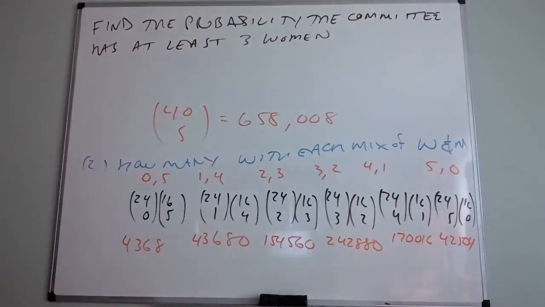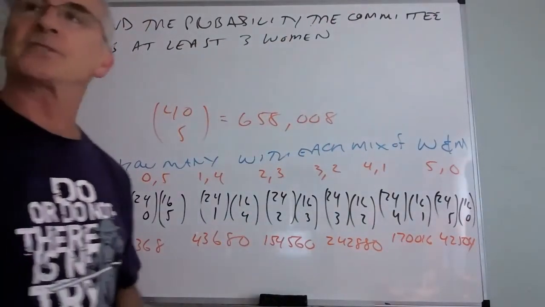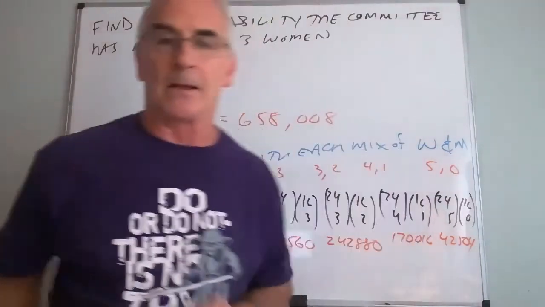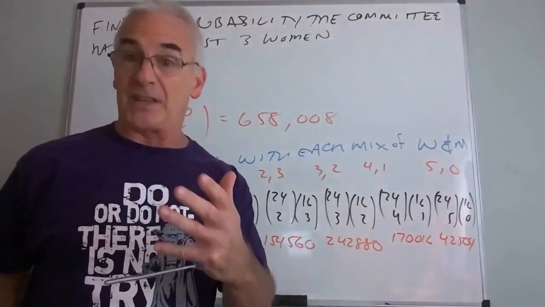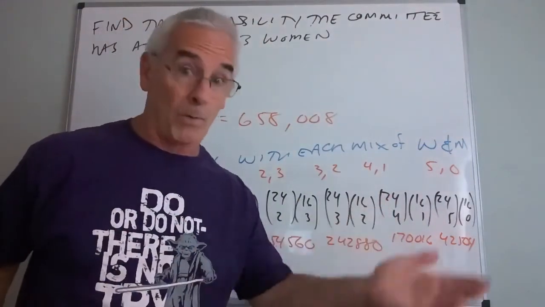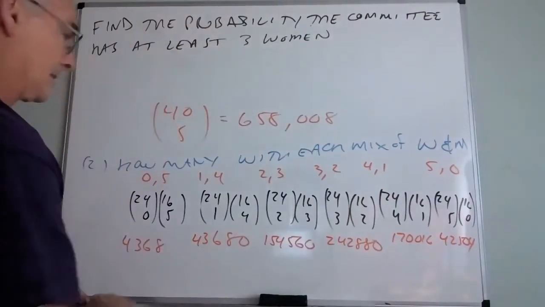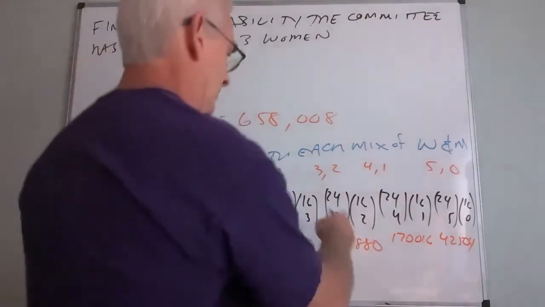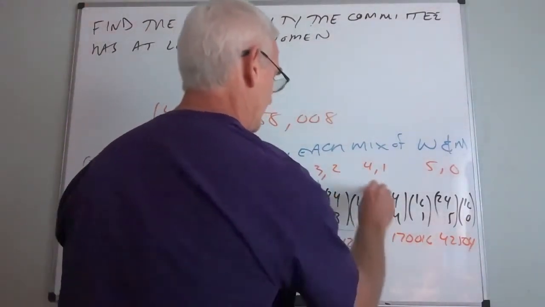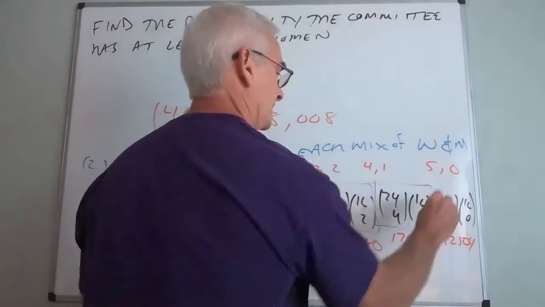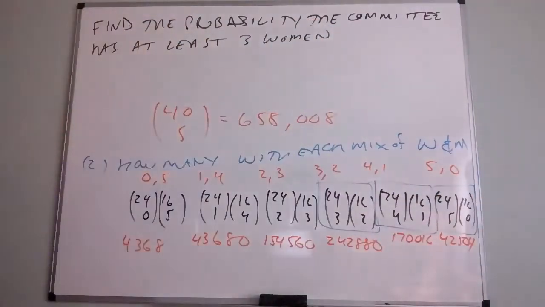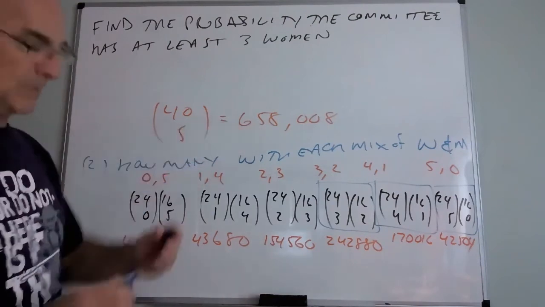Okay, that's the question. I want to find the probability that the committee has at least 3 women. Well, how would I do that? I'd find all the committees that have 3 women or more on them, which would be 3 or more women would be this, this, or this. I would add those up over this denominator.